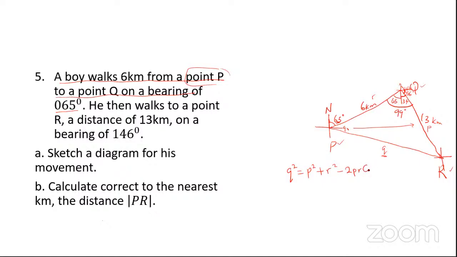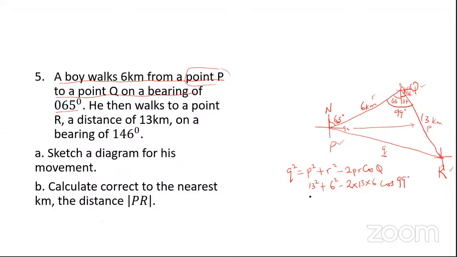So what's our p? Our p is 13. 13 squared plus 6 squared minus 2 times 13 times 6 cos 99.